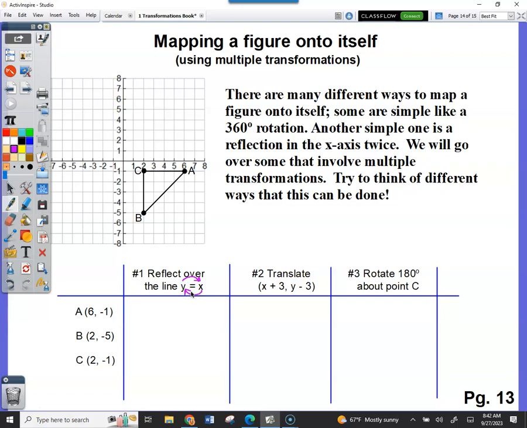So the rule for reflecting over the line y equals x looks like that. They switch positions. So we're going to write A prime, B prime, and C prime. We are just swapping them.